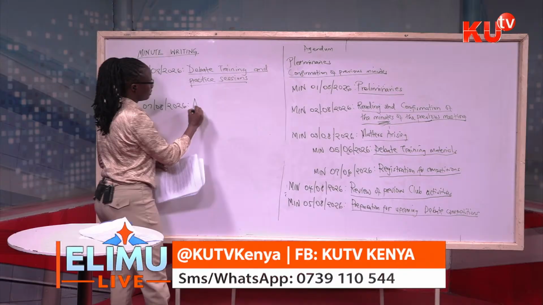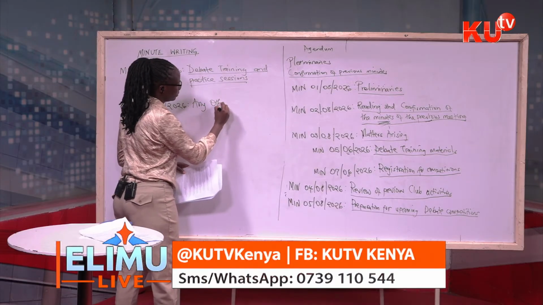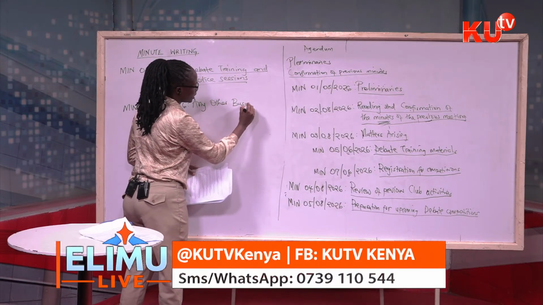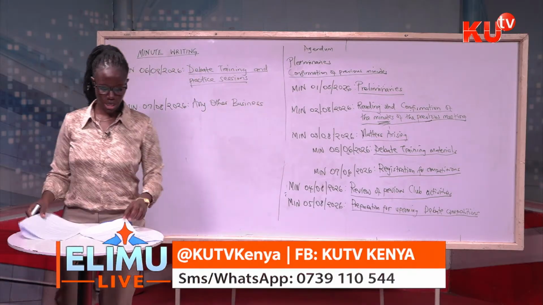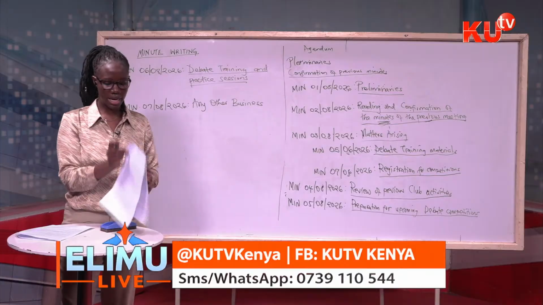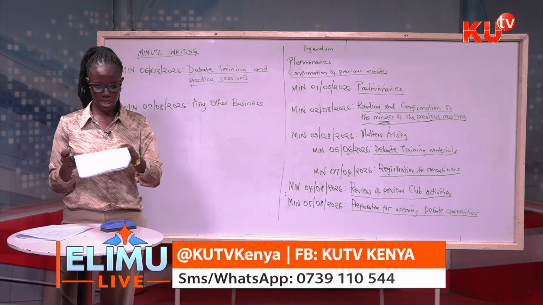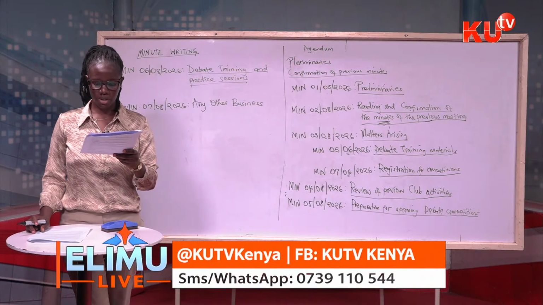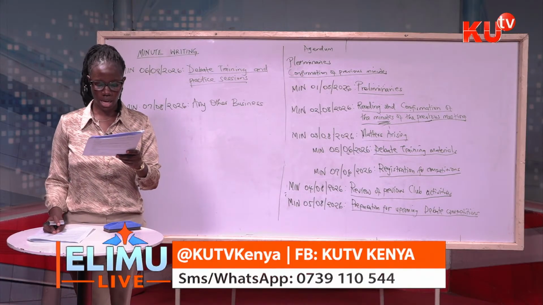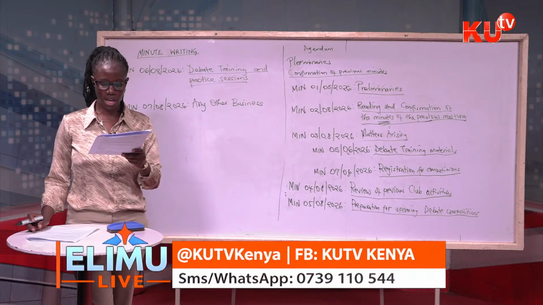Any other business, also known as A or B. So what happens under any other business? After the main business, we normally have the A or B, also known as any other business.